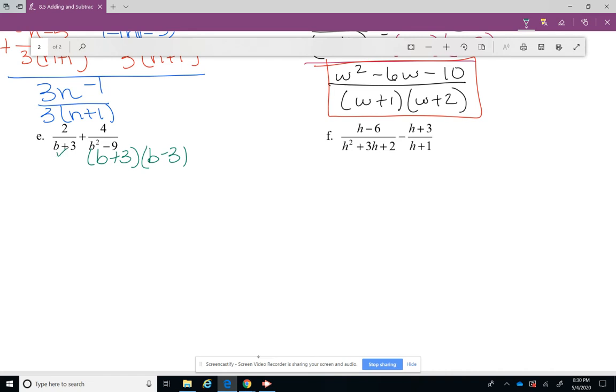We already have a b plus 3 over here, so that right there is going to be our least common multiple. All right, so we're going to do 2 over b plus 3. I'm going to put it in parentheses, plus 4 over b plus 3 times b minus 3.